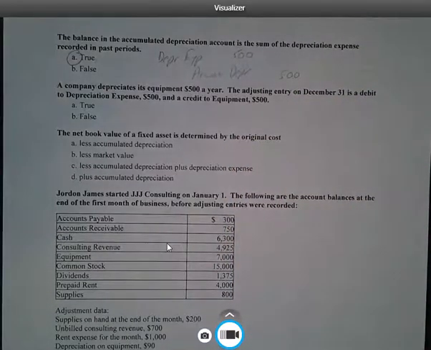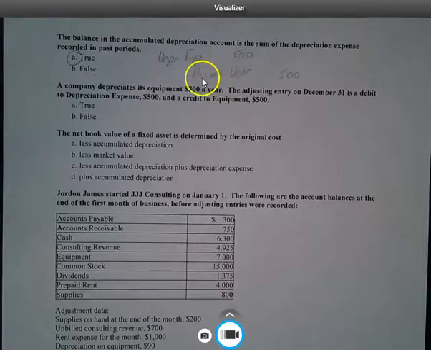Now, what I want to point out is that this $500 in depreciation expense is going to go over to the income statement, and it's going to be a $500 reduction to net income. It's going to be added to the expenses just like rent expense, wage expense, utilities expense, whatever.